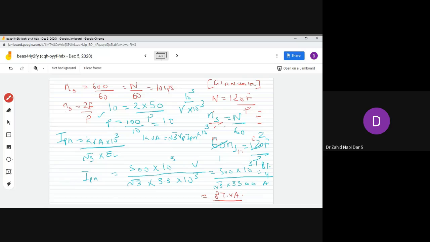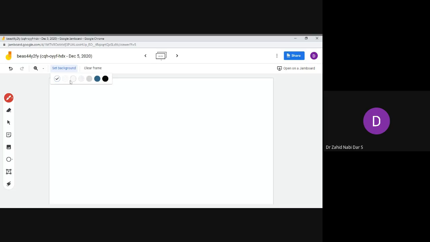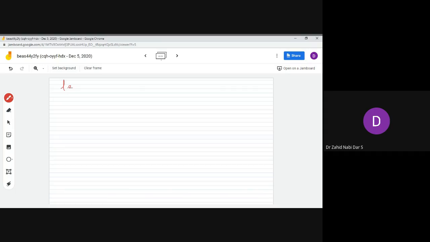So you can substitute for the length of air gap. If I take this equation to the other side, I'll rewrite it. Length of air gap, that is my LG, would be equal to 0.82 into 4868 divided by 80,000 into BG KG.